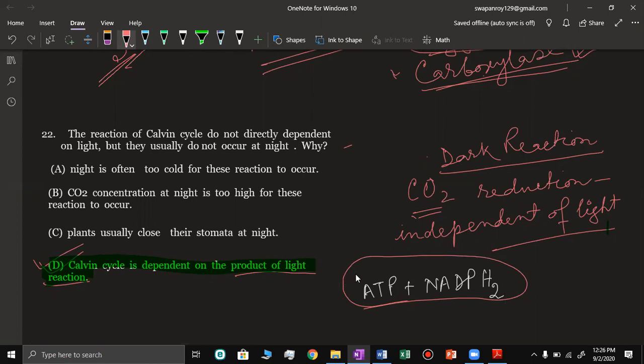So at night, these products are not available for carbon dioxide reduction. So the Calvin cycle also takes place during the daytime.